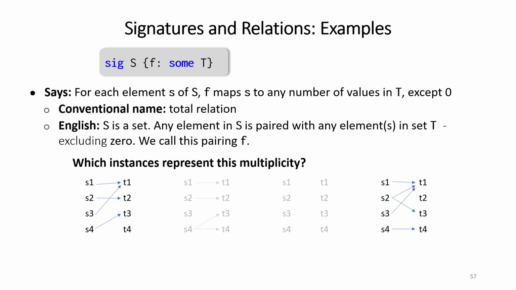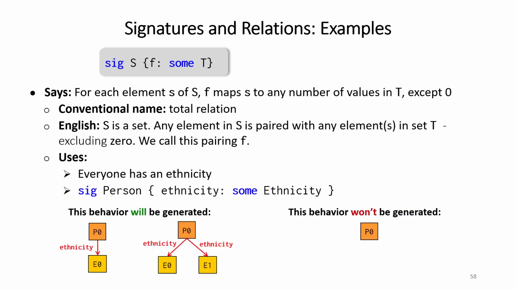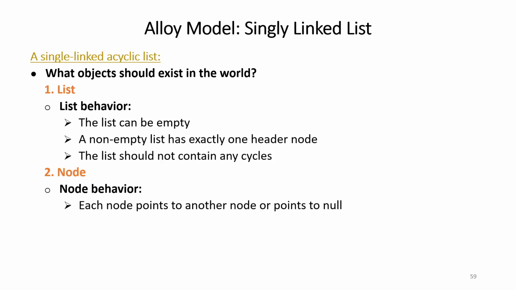Yeah, now it's grayed out. Okay. And this would, for example, generate stuff like this, where we would have at least one or maybe more, but we couldn't have none. So, yeah.